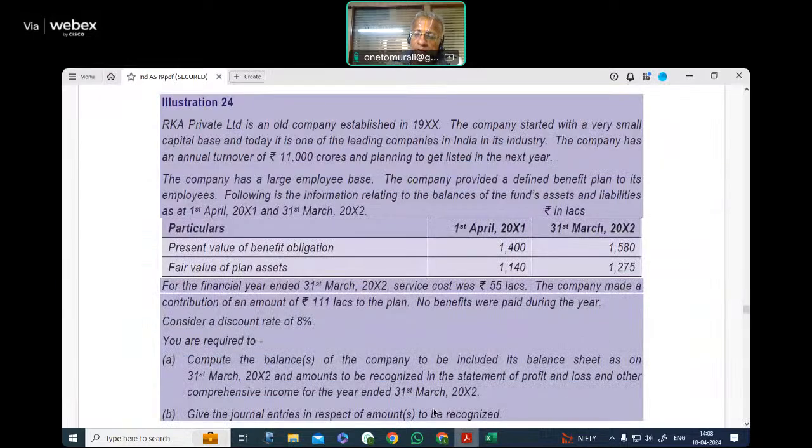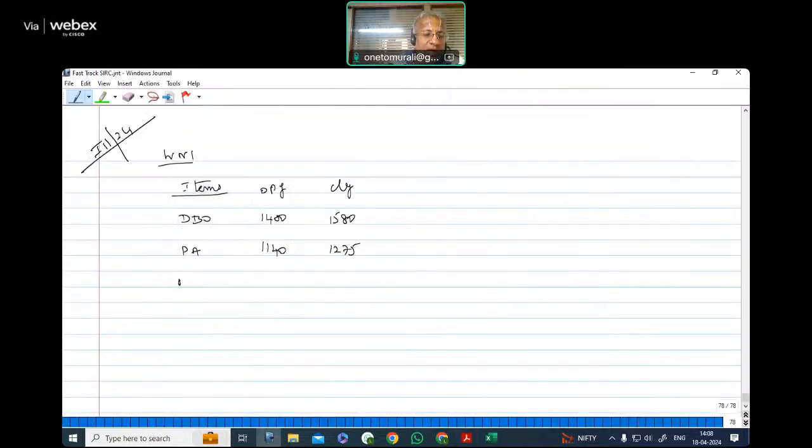So the net defined benefit obligation is 260 and 305. There is an increase in the net defined benefit obligation to the extent of 45. This is number one.